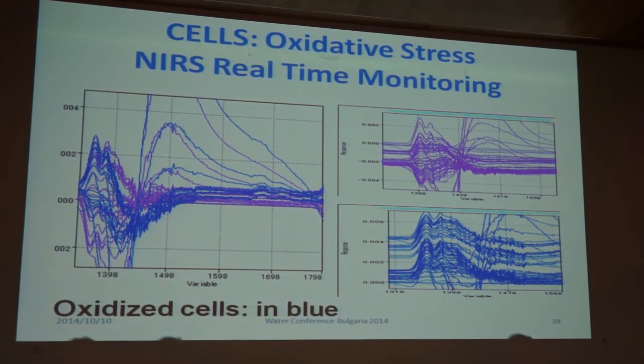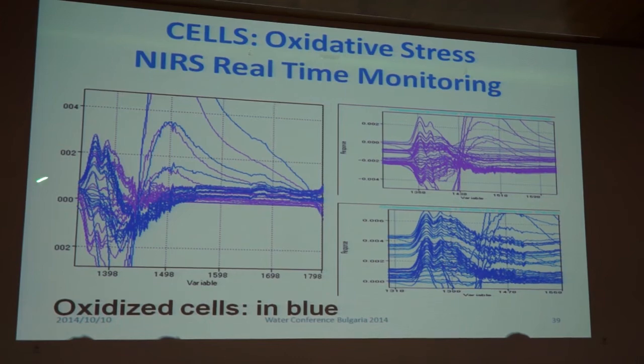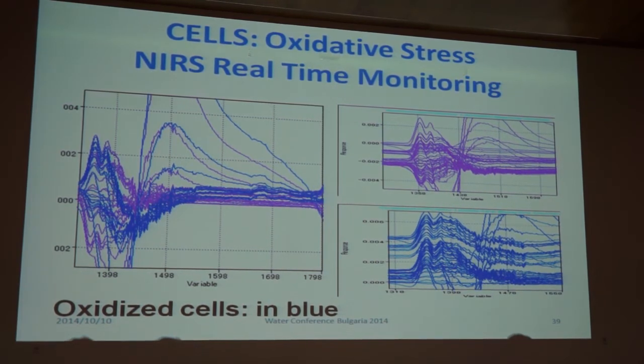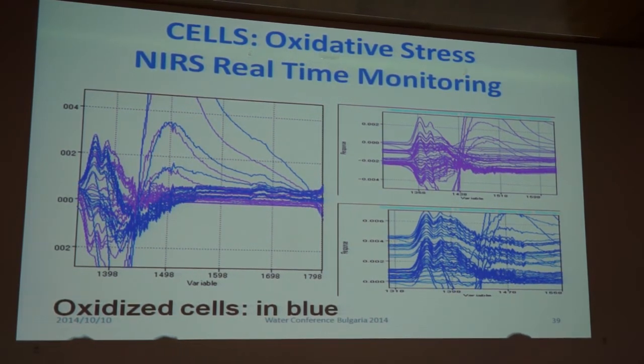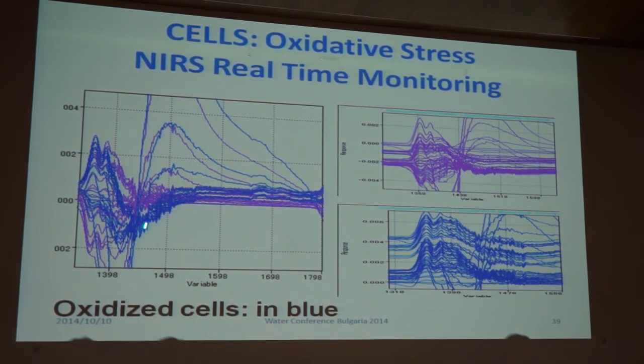We monitored cells over a few hours to see the difference between the healthy cells and the oxidized cells. The first spectrum is subtracted, and we could see, very interestingly, that in the oxidized cells we lose this working part.